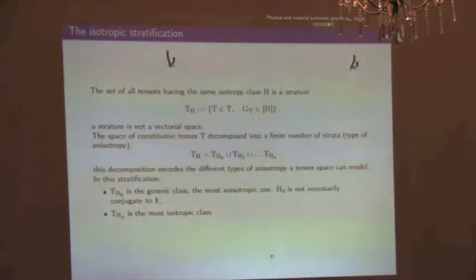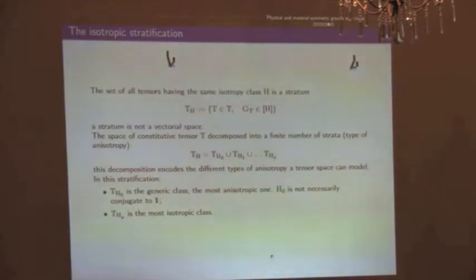Okay, so the next step is, since I know that any tensor, regarding its symmetry group, can be put in concordance with one subgroup of the group of transformation, that means give me a tensor and I can put it in this class or this other class.